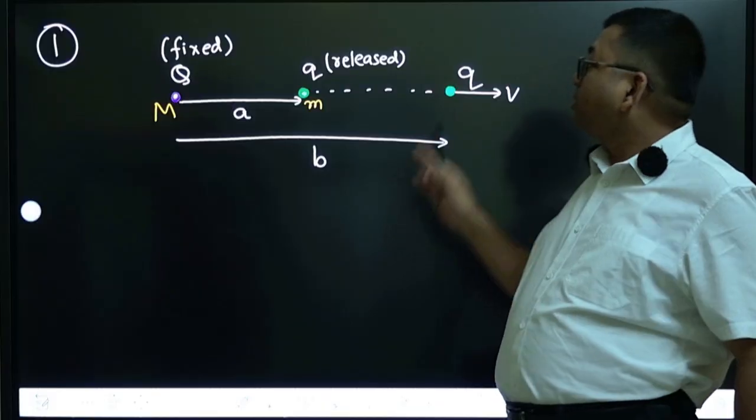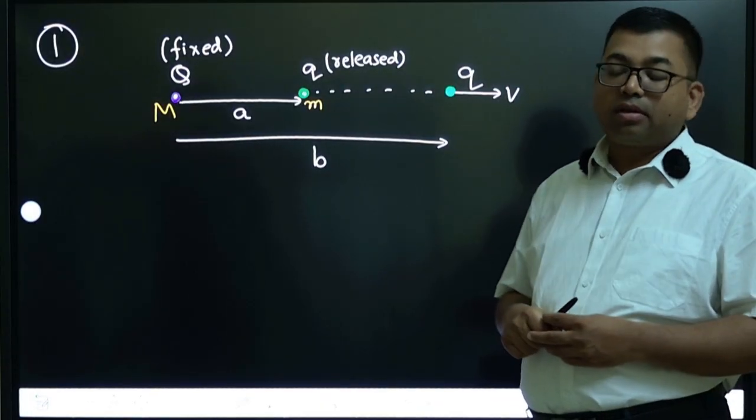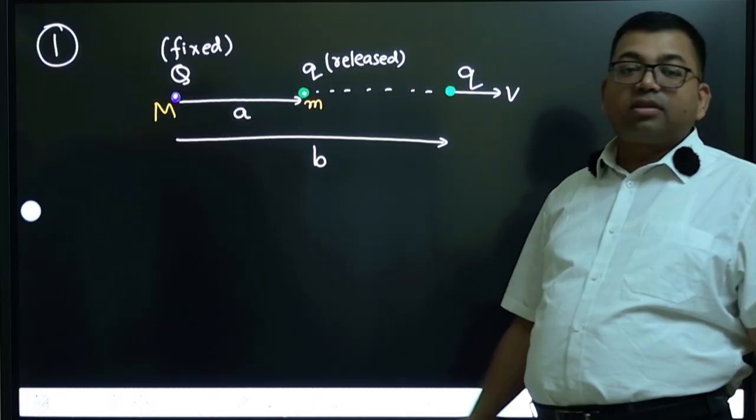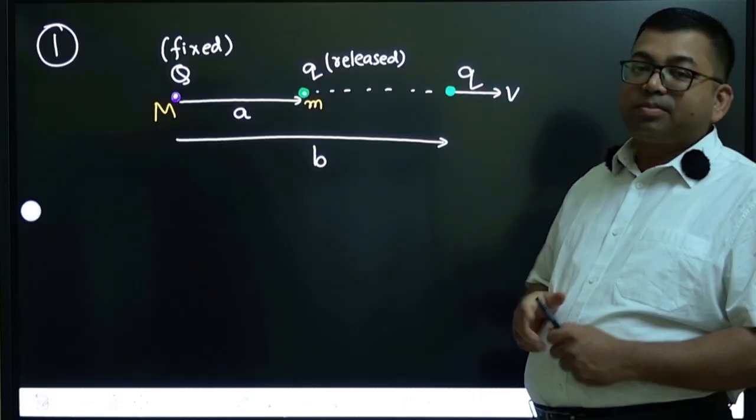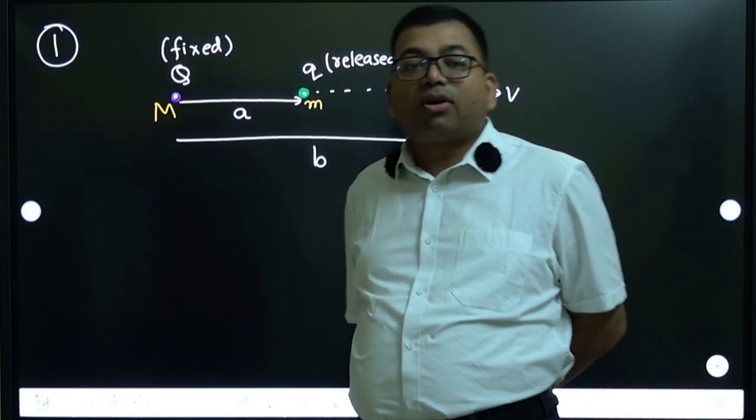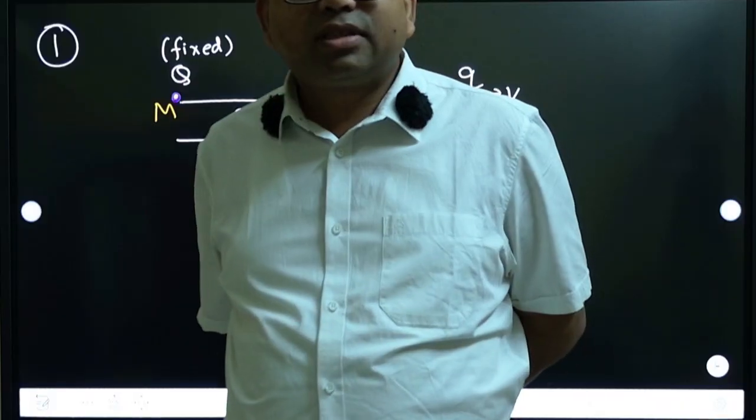How do you calculate the speed of this particle? It was released here when the distance was a. Now the distance has changed to b. What is the speed? How do you solve it? Try that. Take a few minutes and attempt it.